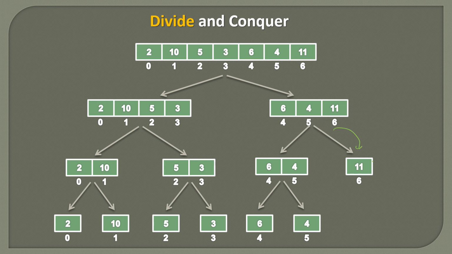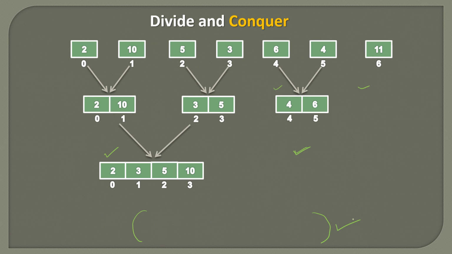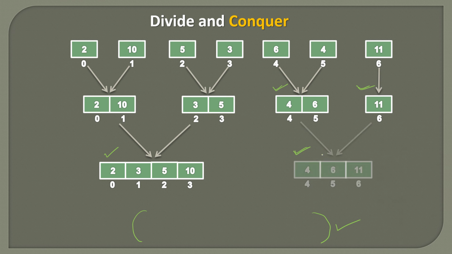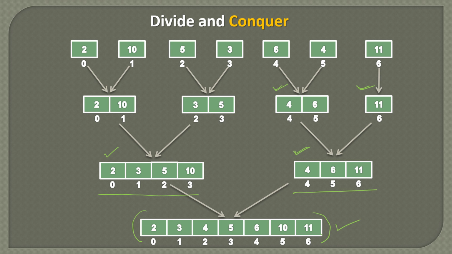It sees that 11 is the only single element left. So it comes here and it sees that I have got two sorted arrays like this. So in the conquer step, I will simply merge them. When we merge them, we'll get 4, 6, 11. And as we have done this step, the algorithm sees that this is one sorted array, this is the other. It simply merges both of these arrays like this.